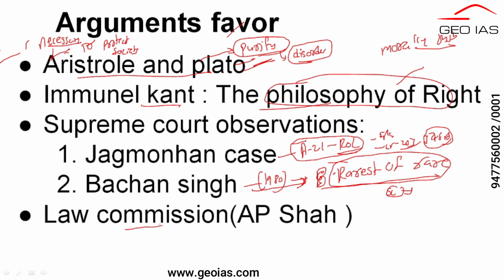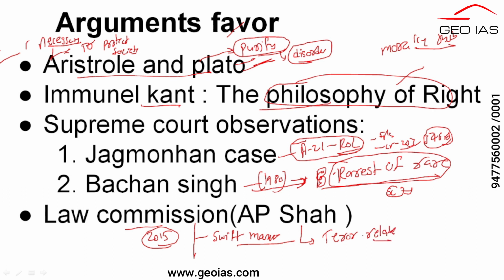Here I would like to mention the Law Commission report under AP Shah in 2015. The Law Commission under AP Shah's chairmanship in 2015 did not support immediate abolishment of capital punishment. In fact, they believed that it should be done in a gradual manner, slowly they can abolish it, but it should be limited to terror-related cases.